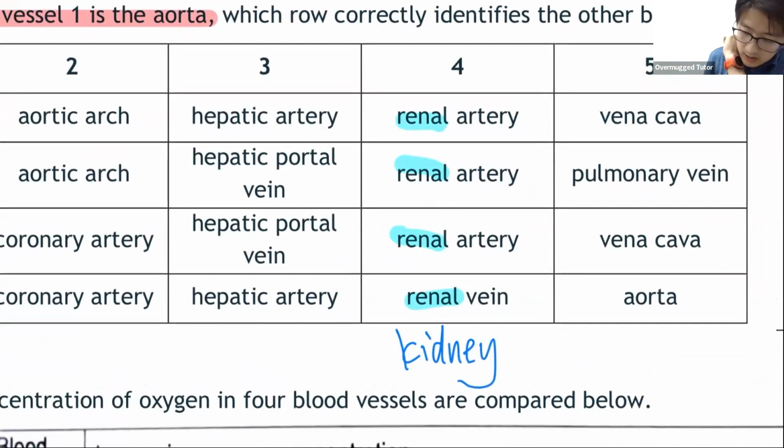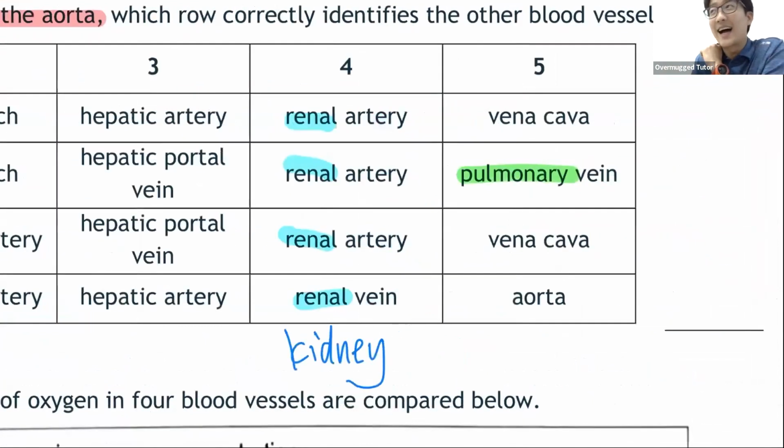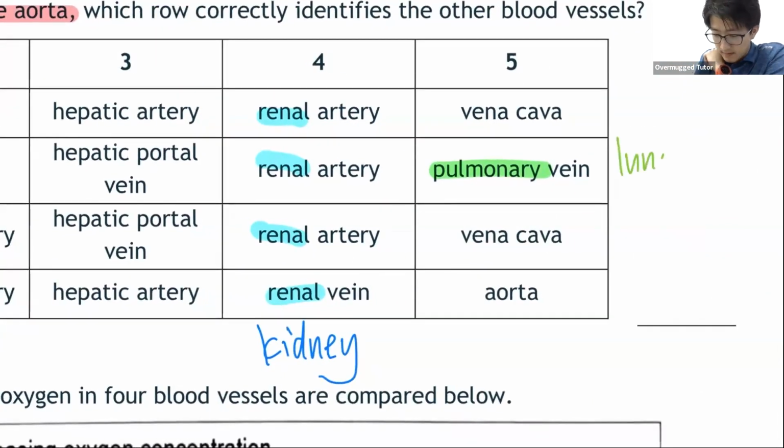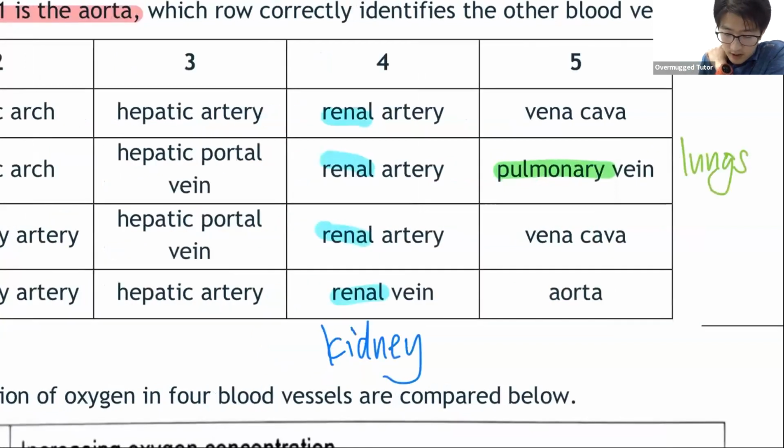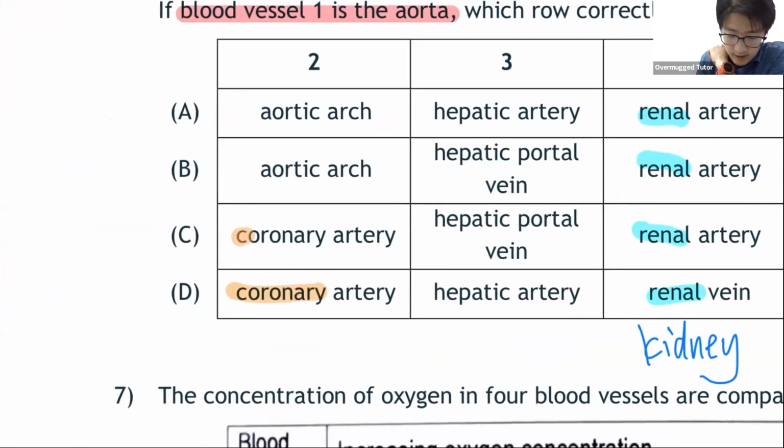What organ do we associate with pulmonary? Lungs. Brian? Coronary is for heart. Okay, right?